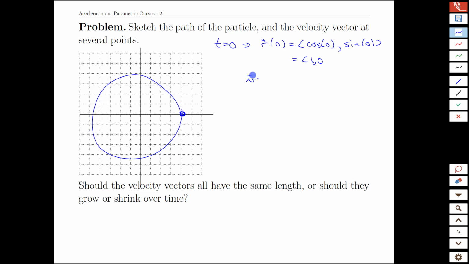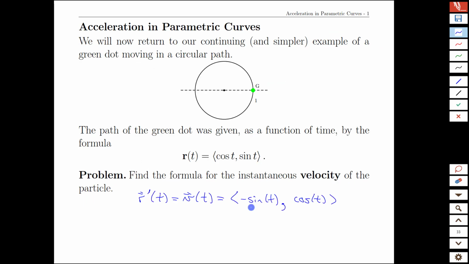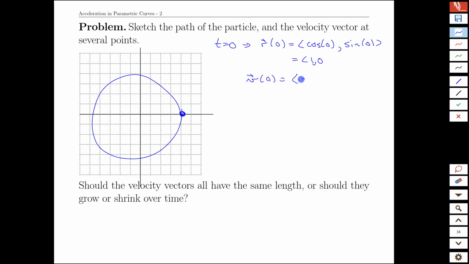The matching velocity is going to be, going back to the last page for a moment, negative sine of 0 and cos of 0, and that's going to be the vector 0, 1. And so if we draw that out here, that would be our velocity vector, v of 0. Going back to our expectations, that matches the tangential nature of the velocity vector. If we're traveling in this circular pattern, at this instant, we will be moving directly upwards.